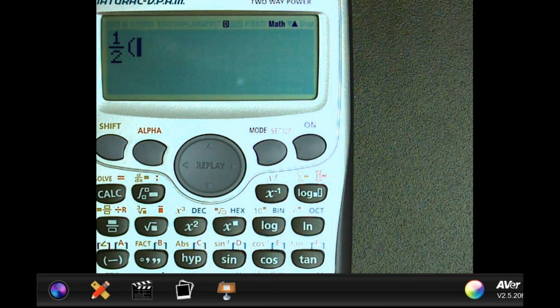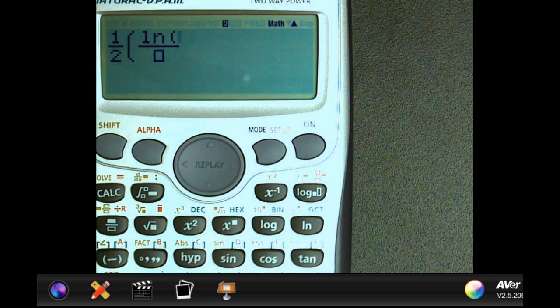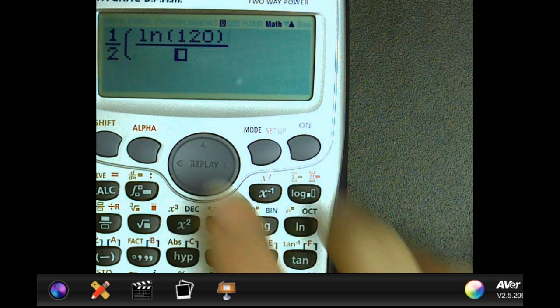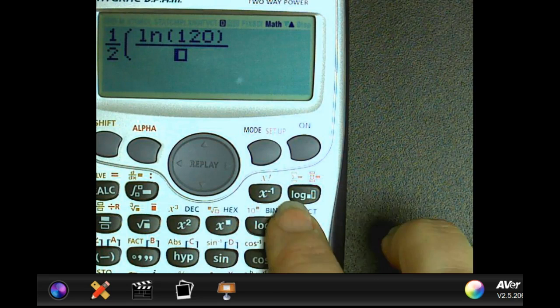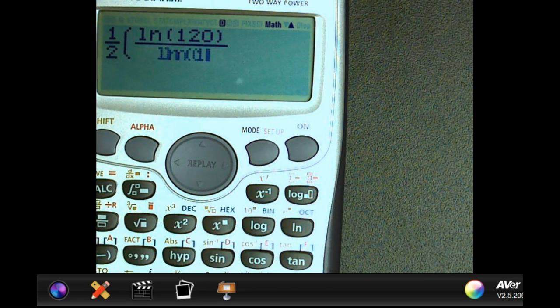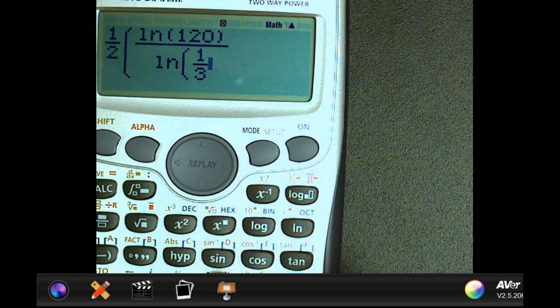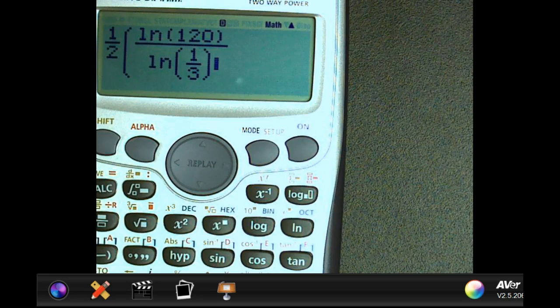Open my parentheses. I need another fraction. So I'm going to have natural log of 120, and then natural log of 1/3, and then you have to arrow over.